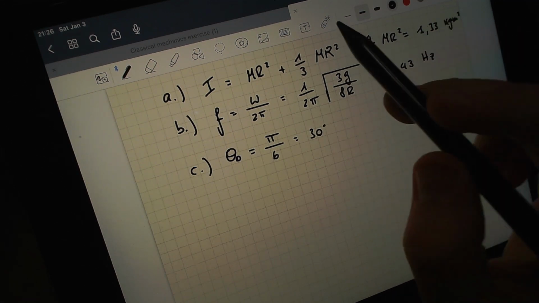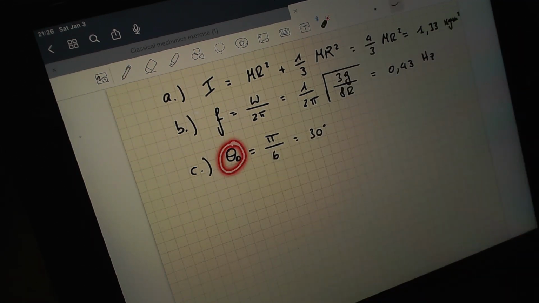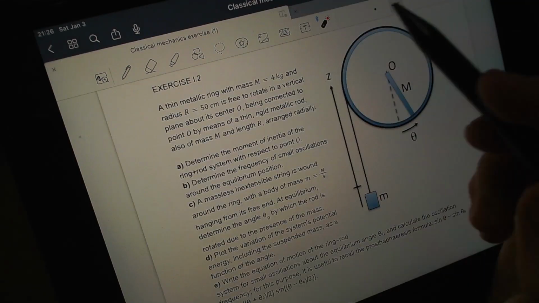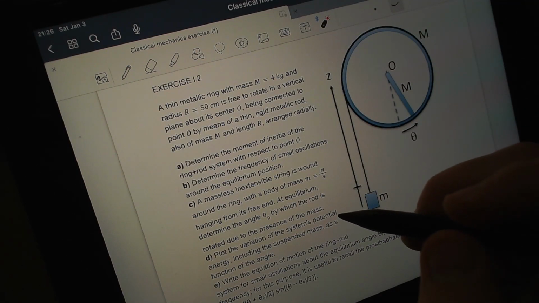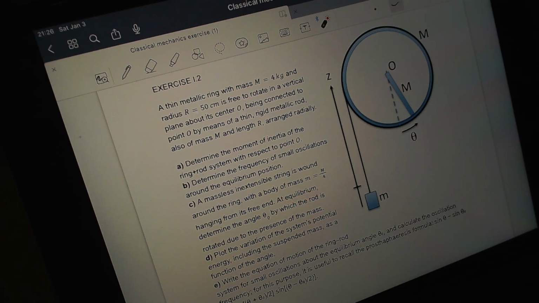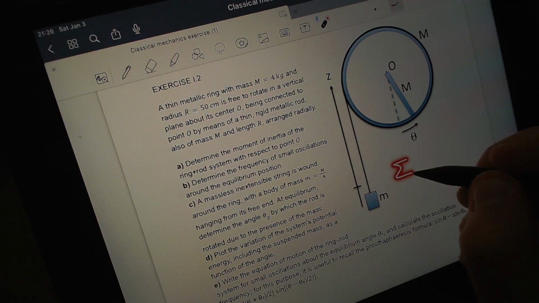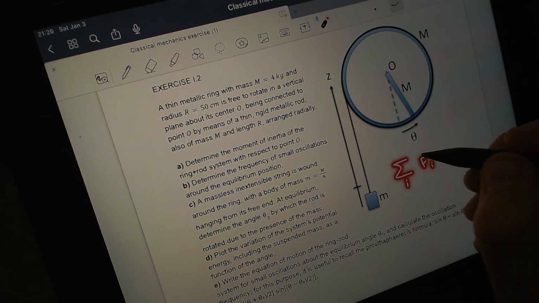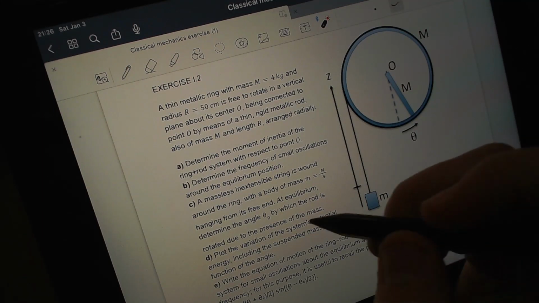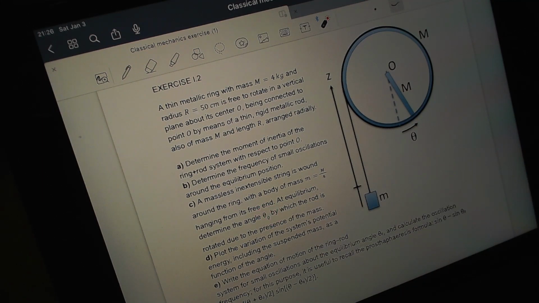You can find this theta 0 considering the equations of motion of the system, and considering that the text says at equilibrium, so you basically have to put the sum of the forces equal to 0, and from here you find theta 0.